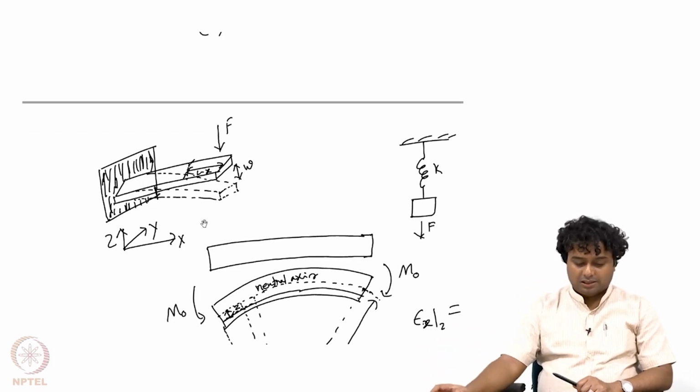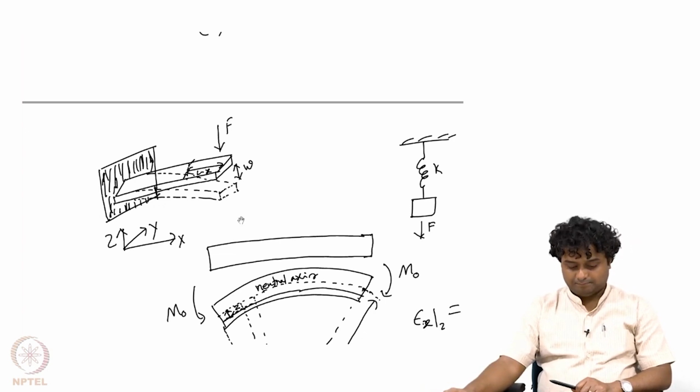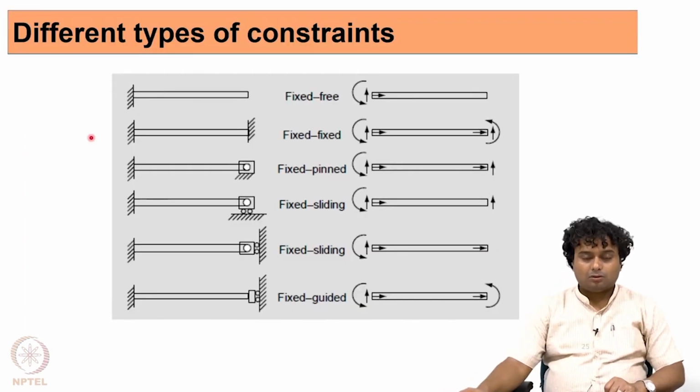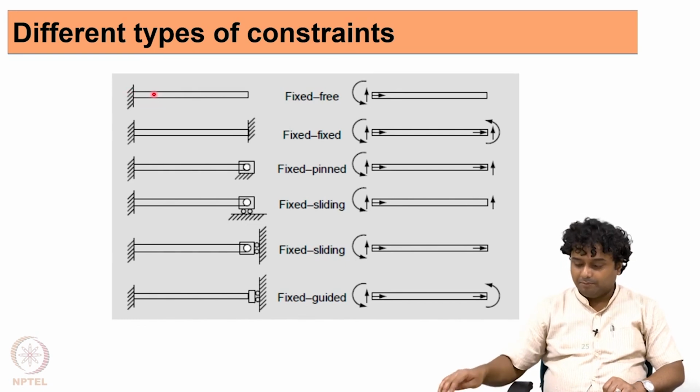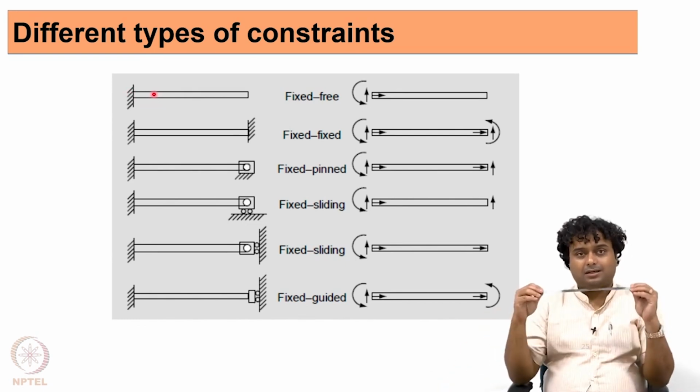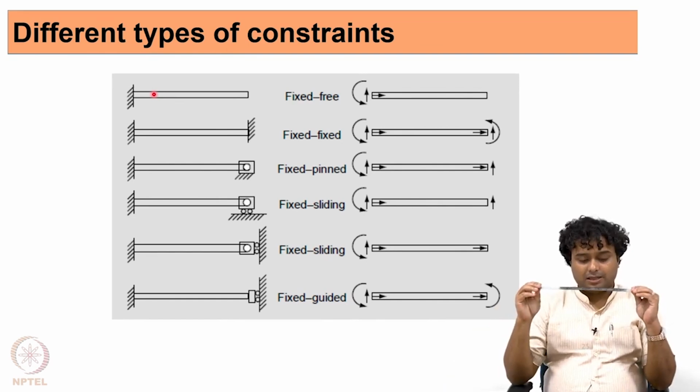Now I will show how different constraints work for different kinds of geometry. Now let us go through the different kinds of constraints one by one. First take the first case, this simple cantilever beam, where one side of the cantilever, the left side, is fixed and the other side can move.